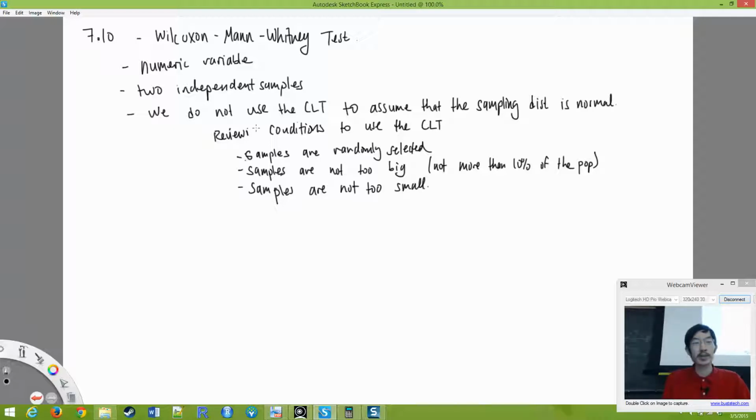Okay, I hope this is kind of familiar. Yes, maybe? Okay. And do you remember what samples not too small entailed? Okay, so we said if n is greater than or equal to 25 or 30, that's big enough for most scenarios, okay?